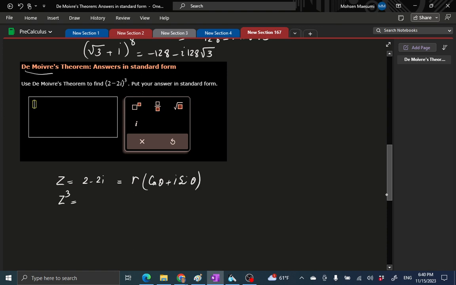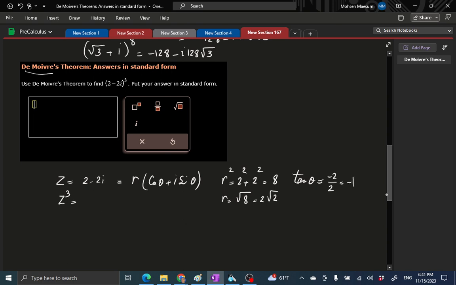Step 1 is to figure out what r is. r squared is the sum of squares of these two numbers, so 2 squared plus 2 squared. That gives me 8. So r is going to be the square root of 8, or if you wish, 2 square root of 2. Tangent of theta is b over a, minus 2 over 2.